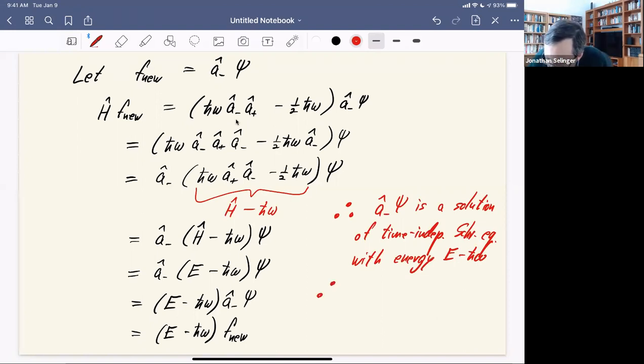So for that reason, A minus is called a lowering operator.